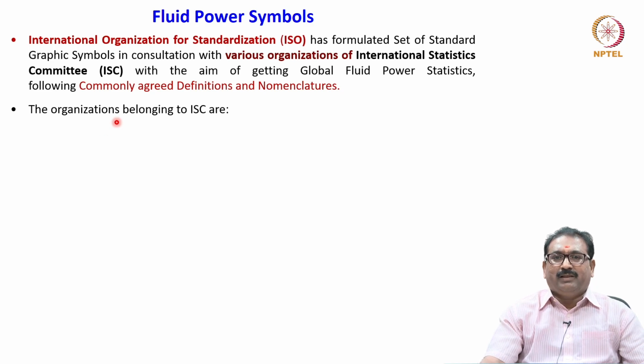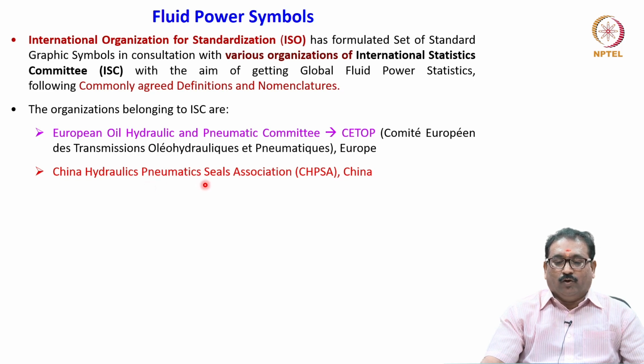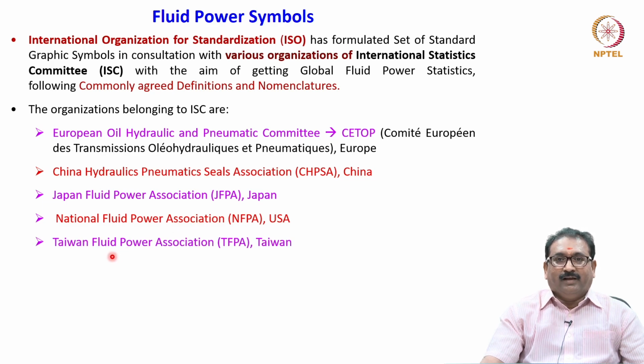The organizations belonging to ISC are the European Oil Hydraulic and Pneumatic Committee, briefly known as CETOP, China Hydraulics Pneumatic Seals Association, Japan Fluid Power Association, National Fluid Power Association, USA, and Taiwan Fluid Power Association.